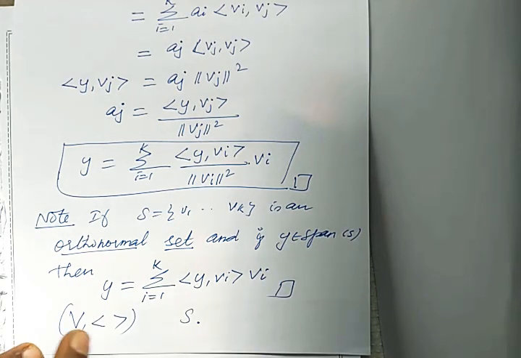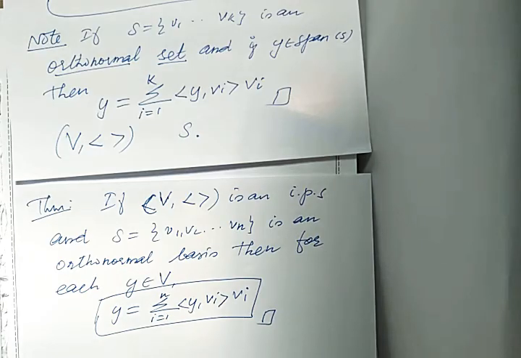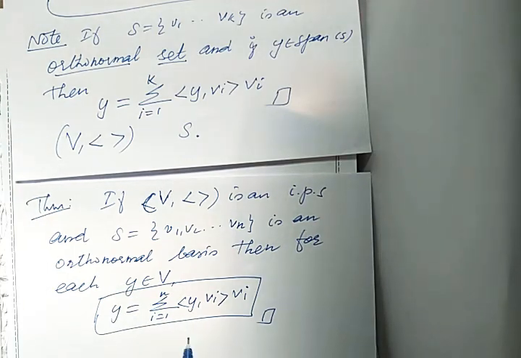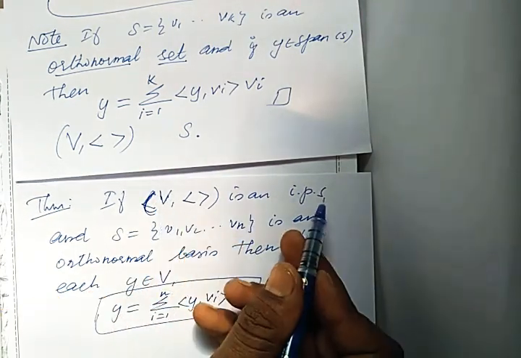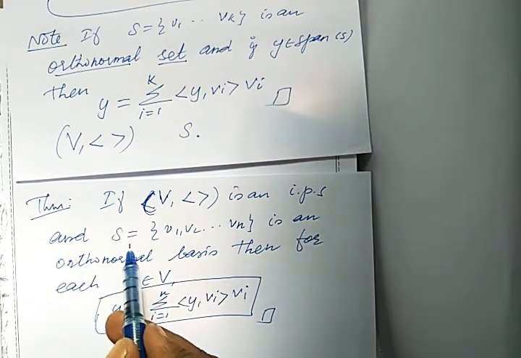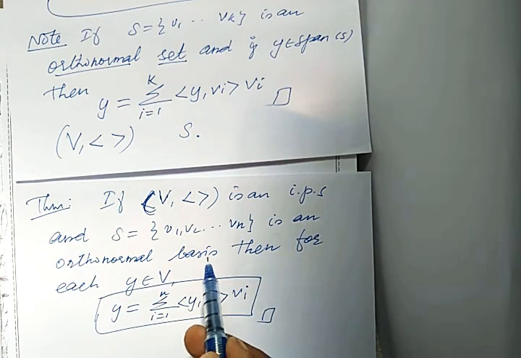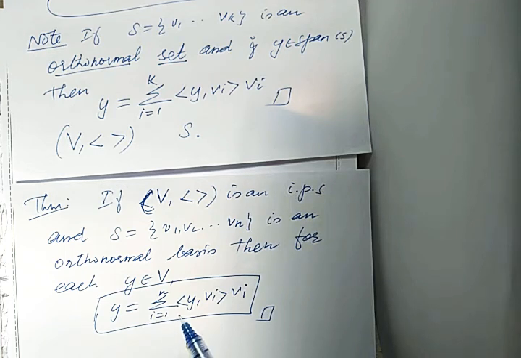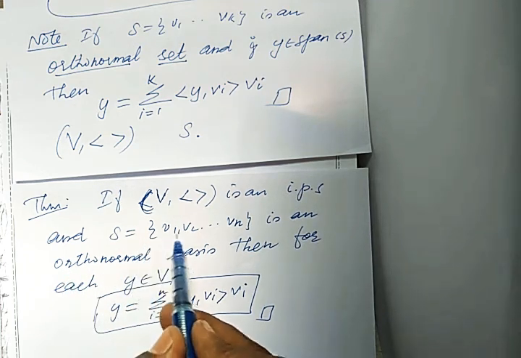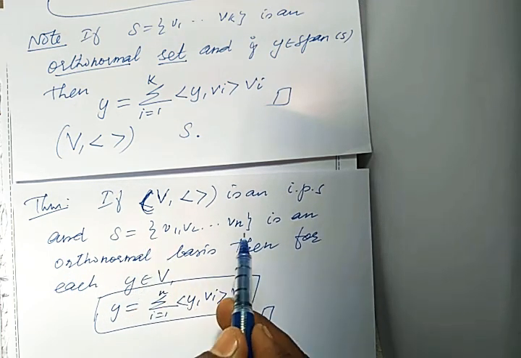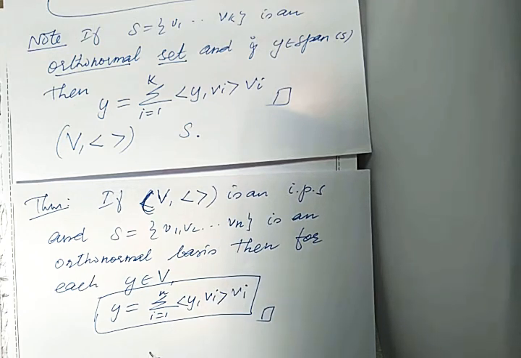Okay, let us conclude what I have said. I have summarized this. If V is an inner product space and S is an orthonormal basis for this vector space, then, orthonormal basis means it is an ordered basis as well as orthogonal to each other and unit vectors.